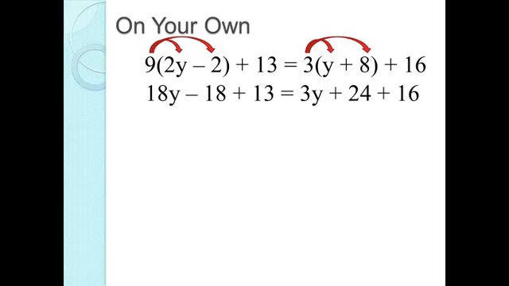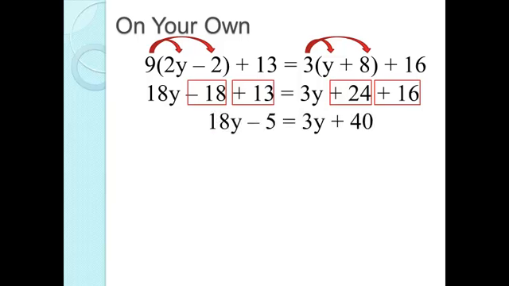Next, ask yourself, is there anything you can combine together on either sides of the equal sign? On the left-hand side, you can combine together negative 18 and positive 13. On the right-hand side, you can combine together 24 and 16. Our new problem would then be 18y minus 5 equals 3y plus 40.